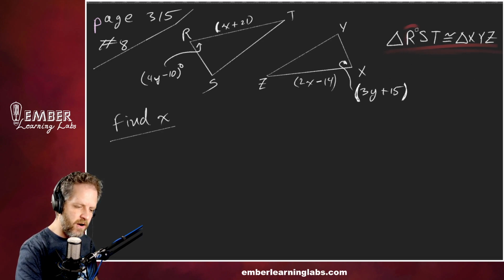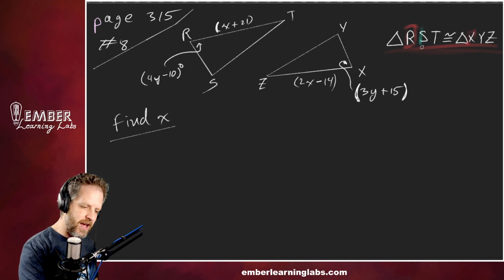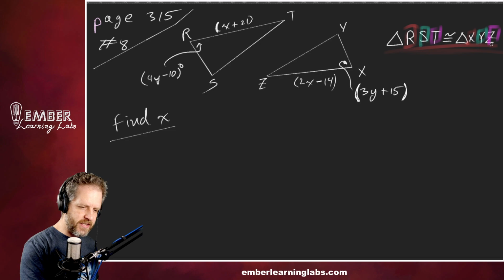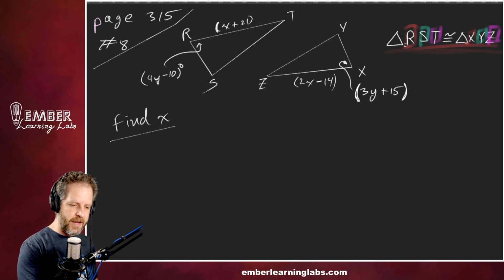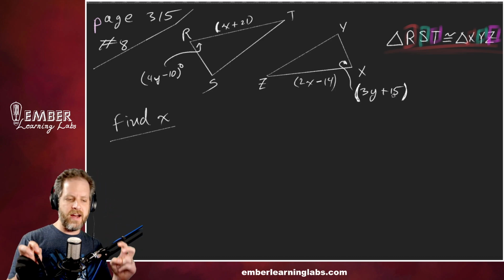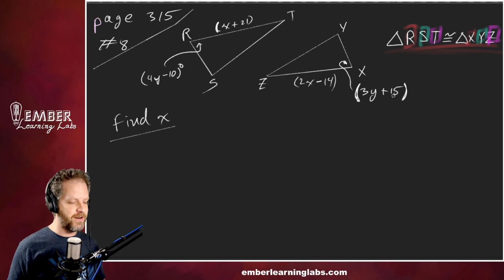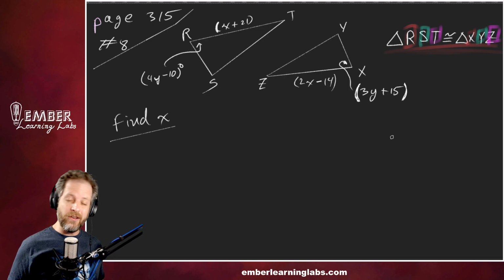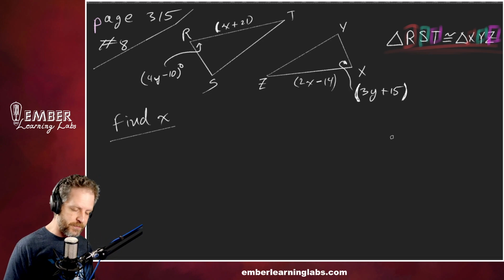Basically we're saying that R goes with X, S goes with Y, and T goes with Z. So segment RS and segment XY are corresponding. The corresponding parts of congruent triangles are congruent, so we're using CPCTC.